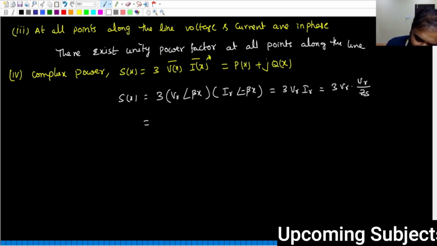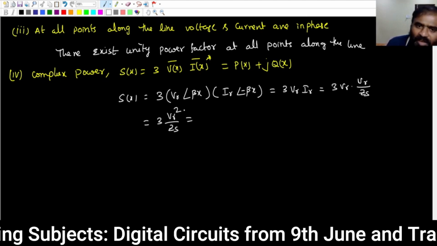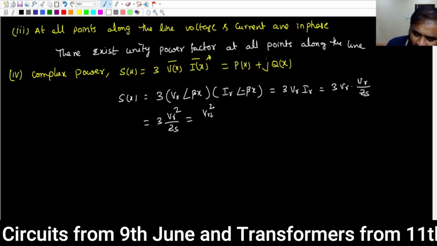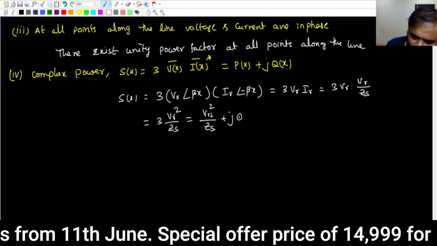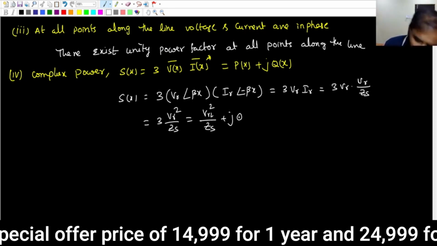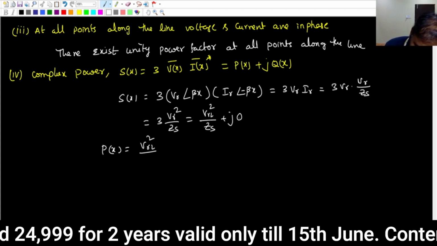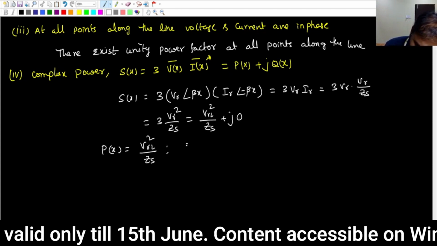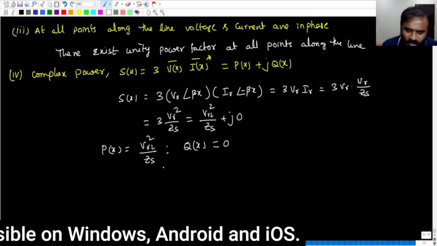Now I can write 3 VR square by ZS, and 3 VR square can be written as VRL square. So VRL square by ZS is the active power, and the reactive power is 0. That means at every point along the line, the active power is VRL square by ZS, but the reactive power, Q of x, is 0. First we'll talk about the active power.